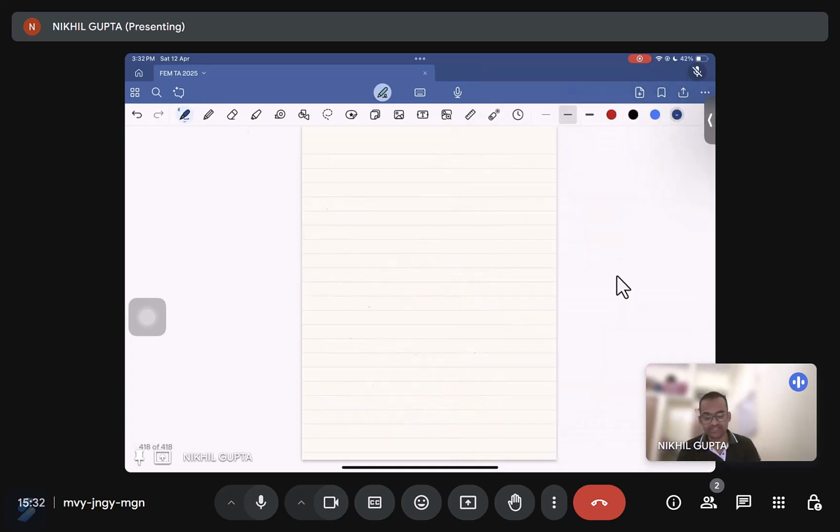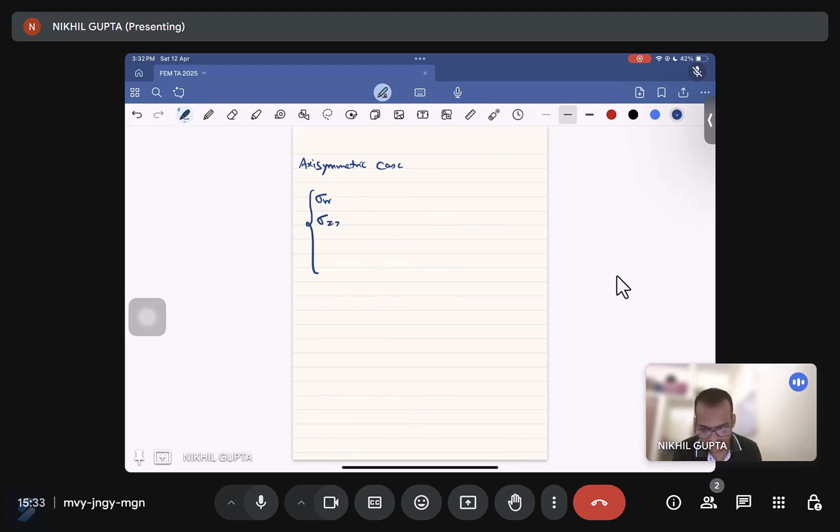Now the same things I'll show you for axisymmetric also, what we get in case of axisymmetry. Since you're not working in xy, you are working in the r theta coordinate system, so the stress values will be sigma rr, sigma zz, sigma theta theta, and tau rz. I'm writing the direct value.